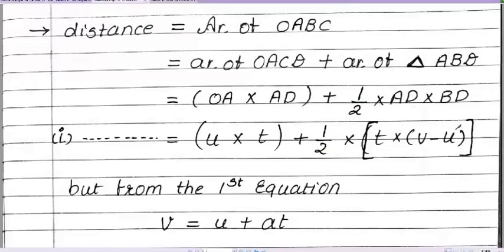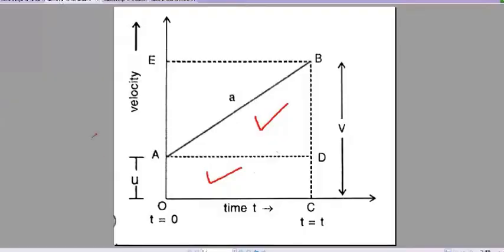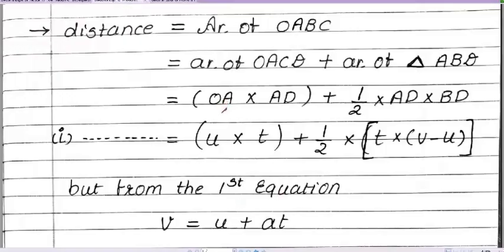Now, if we replace these values with what they actually indicate, we know that OA is U, that is initial velocity. So now we'll replace these values. OA is U, AD is equal to OC, and OC is nothing but time, so AD is equal to T. This half will remain the same.